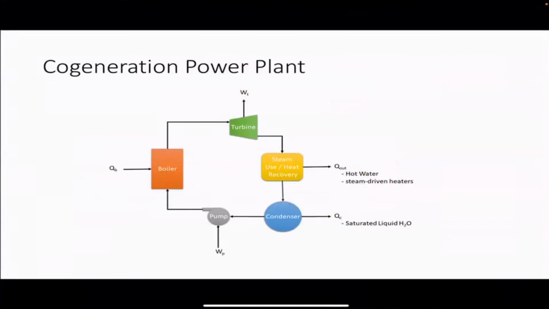And really what cogeneration means is that you're trying to produce two things. One is power, and the other one is heat that you'll use somewhere else in your process. Right now, in our Rankine cycle, the turbine effluent goes right to the condenser.